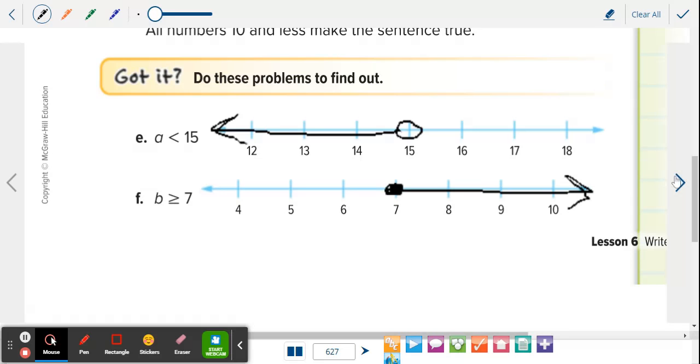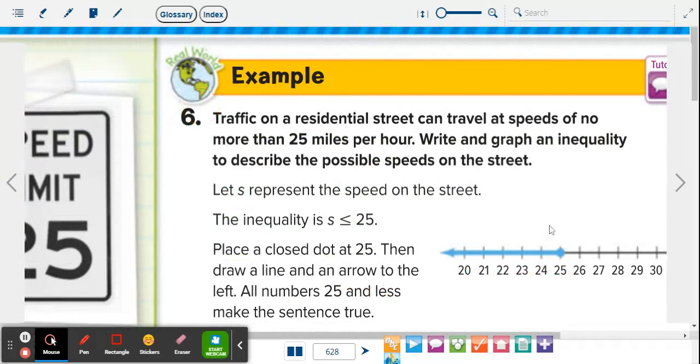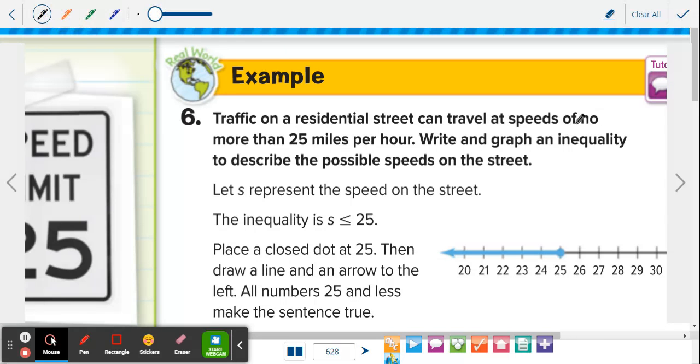All right, so the one last thing I want to show you is this real world example. It says traffic on a residential street can travel at speeds of no more than 25 miles per hour. So no more than means what? Can we go over 25? No, your cutoff is 25 miles per hour. So they want you to write and graph an inequality for this. Well, you would just write it like we did before.